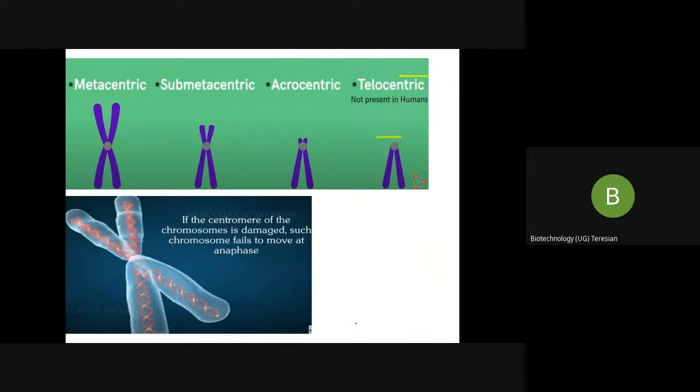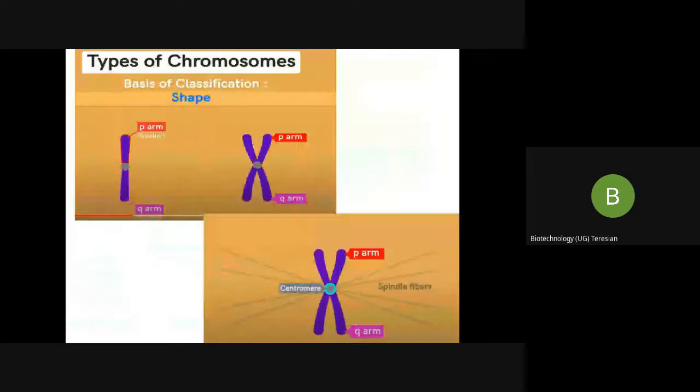A chromosome that lacks the centromere is called an acentric chromosome. Here that picture is not shown. They do not have the centromere, so they will just be like this.